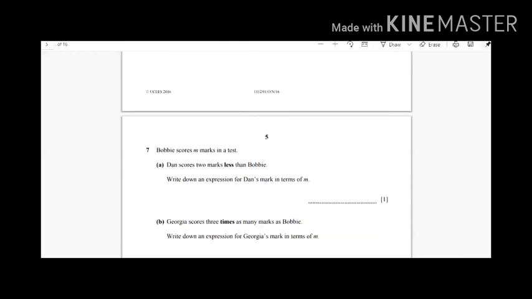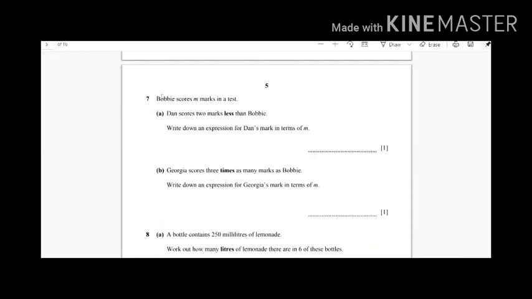Okay, now see this one. Bobby's score M marks in the test. Sometimes we use a letter like X, like M. So algebra. Bobby's score is M, right? So Dan scored 2 marks less than Bobby.